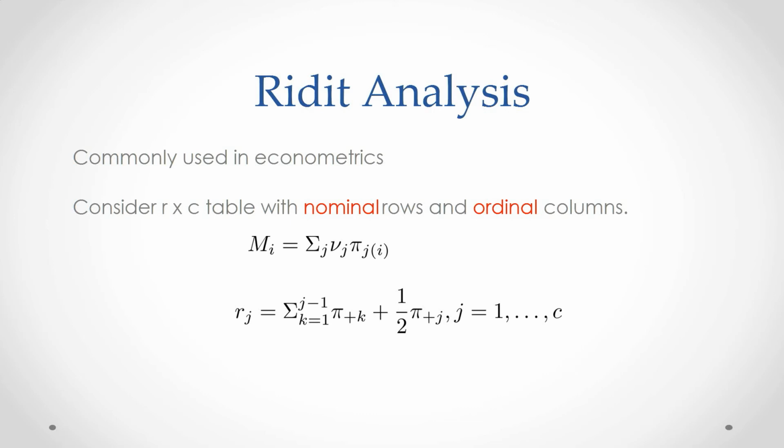The jth ridit R_j is the average cumulative probability within category j of the ordinal response and is given by R_j equal to summation k equal to 1 to j minus 1 pi plus k plus half times pi plus j for j equal to 1 to c. That is, the jth ridit is the proportion of individuals below category j plus half the proportion in category j.